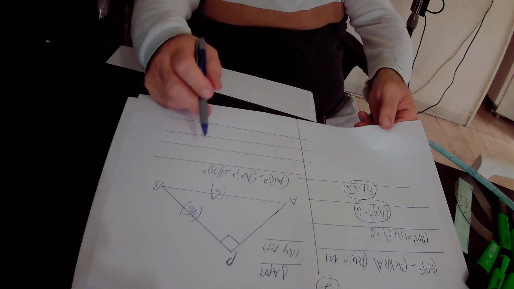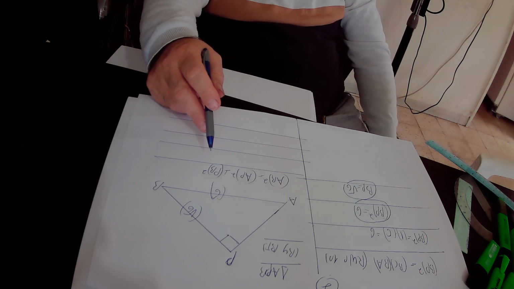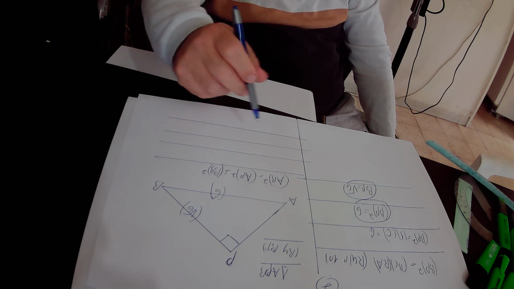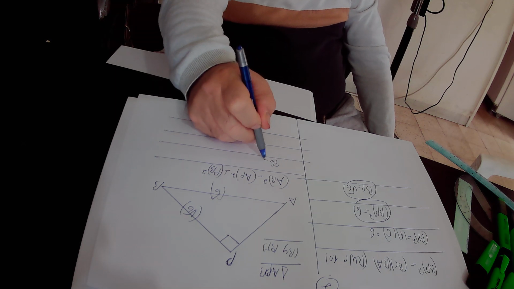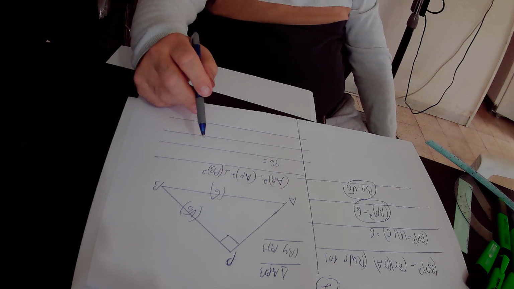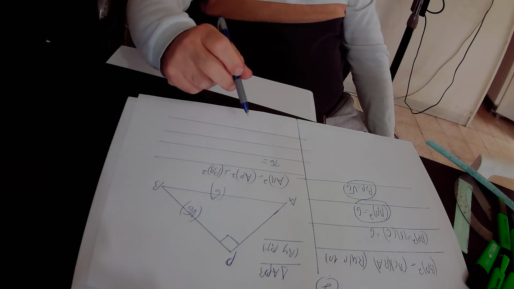The hypotenuse AB equals 6 units in its length, therefore AB squared is 6 squared, that is 36, and it equals AP squared. AP is the missing side, so we leave it as it is.